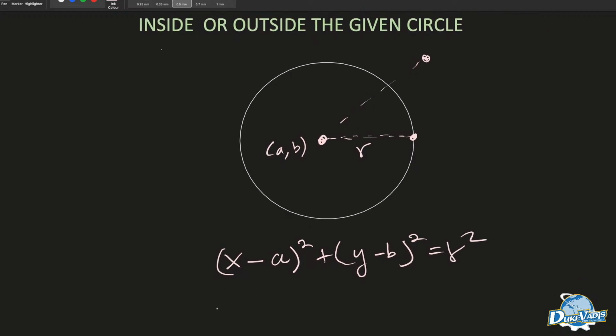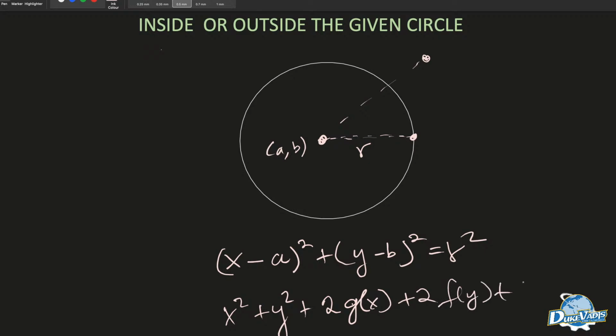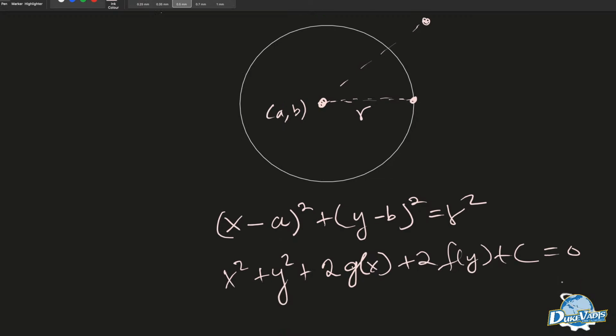However, the same equation can also be written as x squared plus y squared plus 2gx plus 2fy plus c is equal to 0, with the condition of knowing the radius.